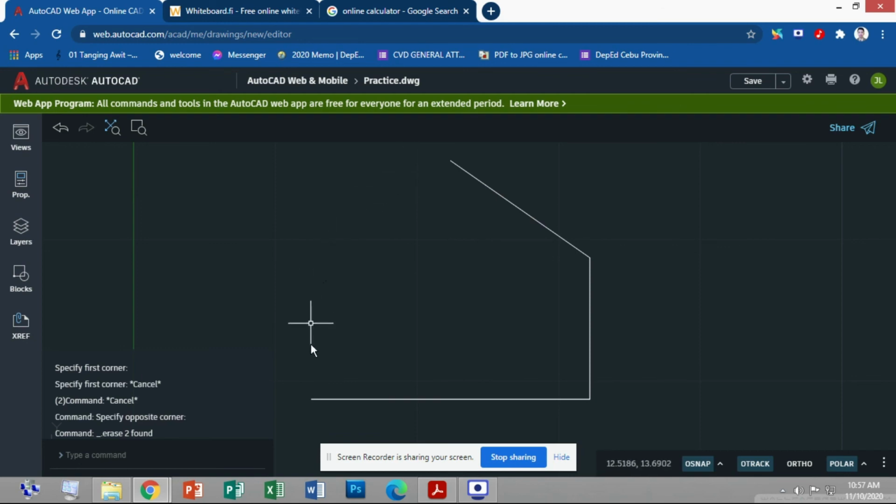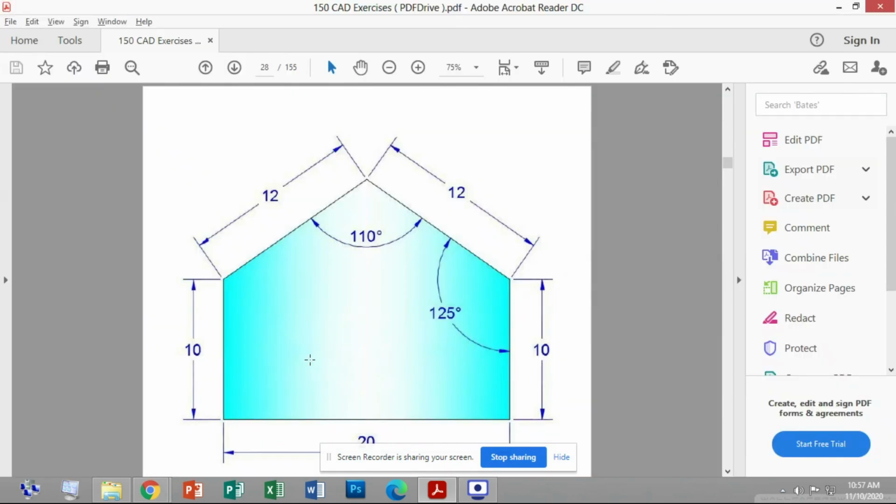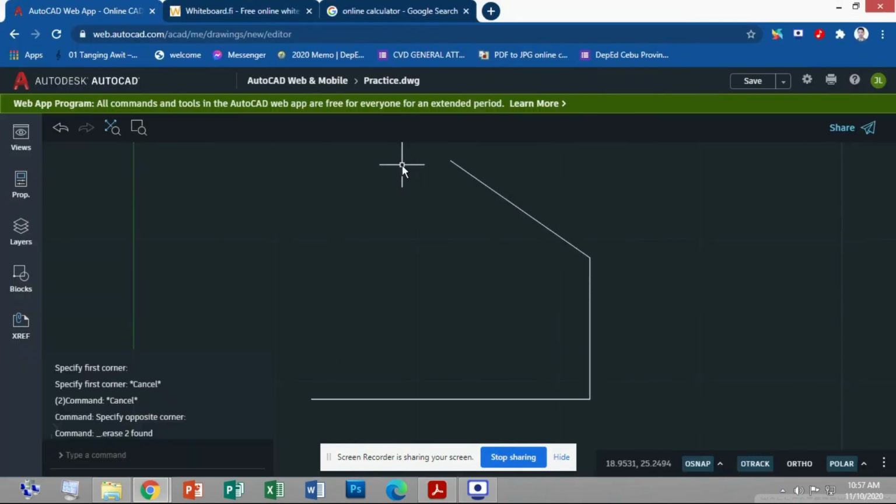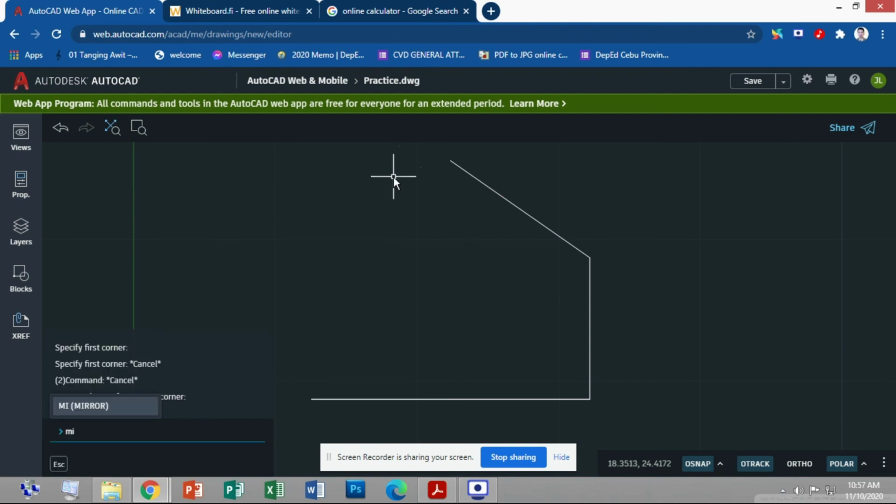Pwede mong ilagay to this side. Okay? We can actually activate the mirror command. Type lang natin MI. Okay, that is shortcut for mirror. Then hit enter.